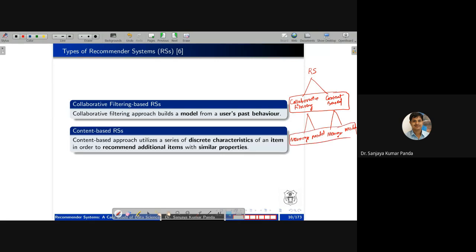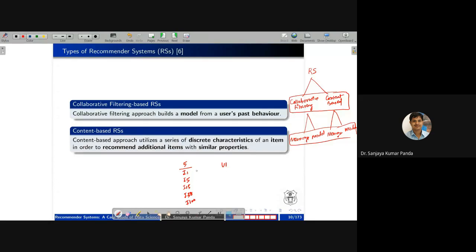Coming to the collaborative filtering system, the collaborative filtering approach builds a model from a user's past behavior. For a particular user, let's say U1, who has purchased 5 different items, I1, I5, I15, I38, and I100.